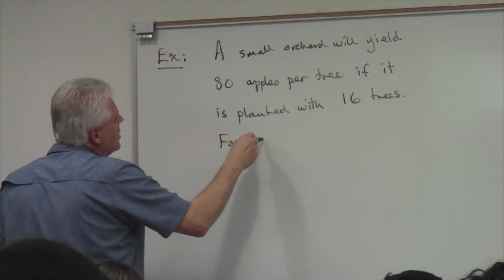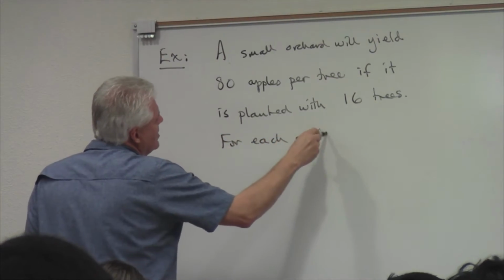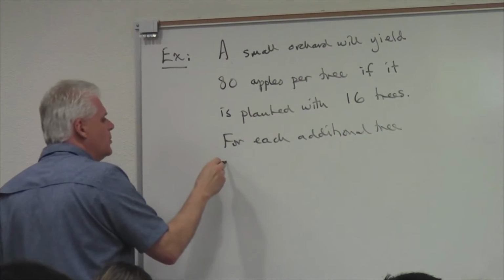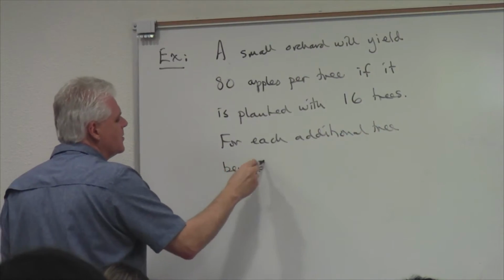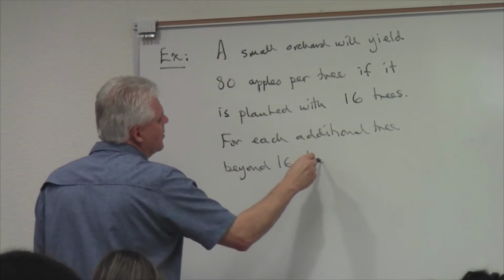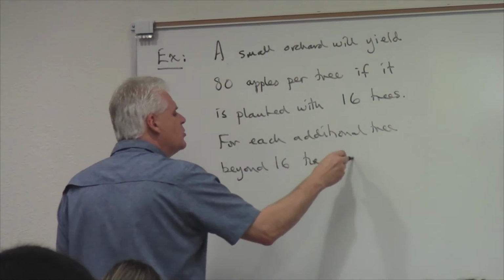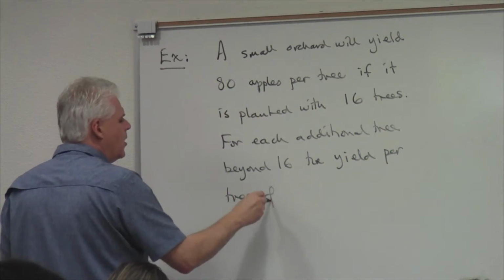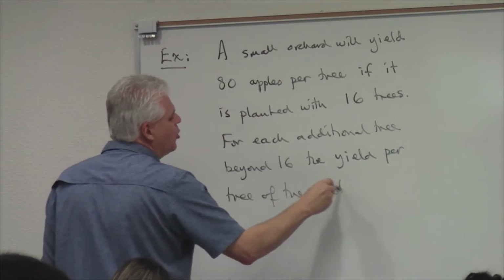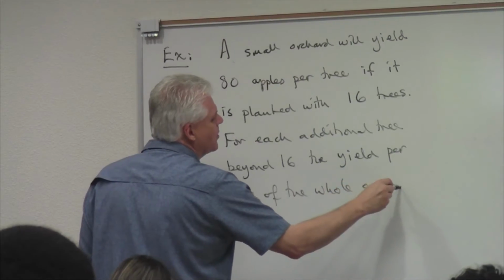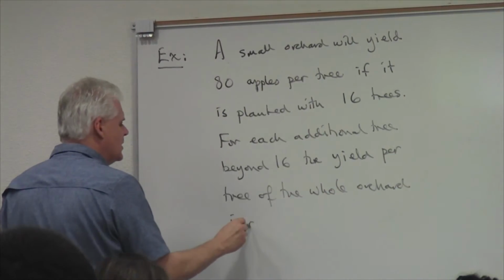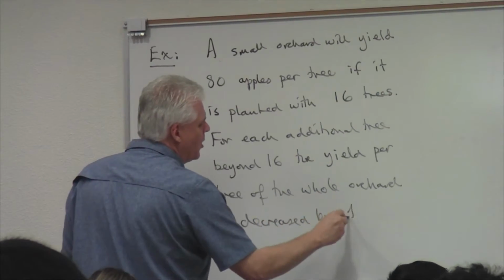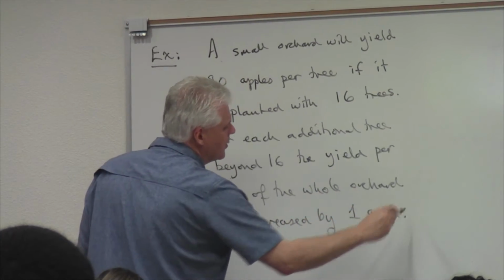For each additional tree beyond 16, the yield per tree of the whole orchard decreases by 1 apple.